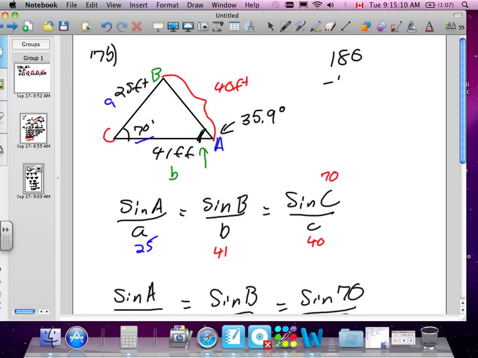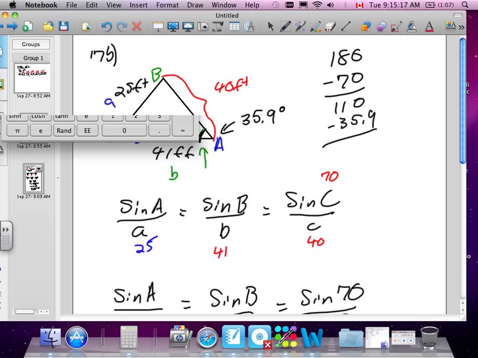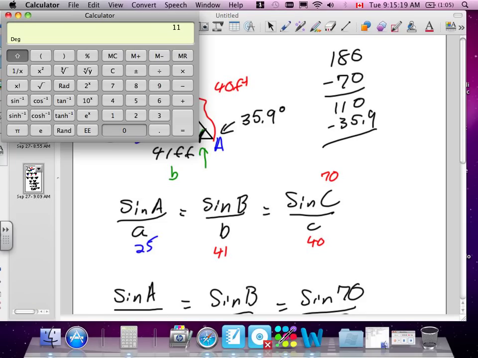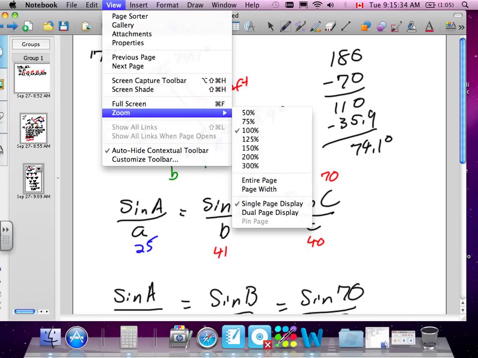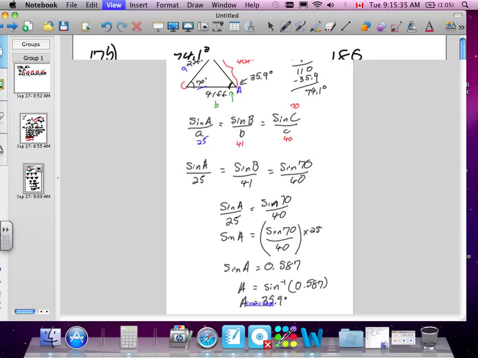Take 180 and subtract the other two angles. So we get 110, subtract 35.9, and our last angle is 74.1 degrees. So angle B, 74.1 degrees. So I've now solved everything in this triangle.